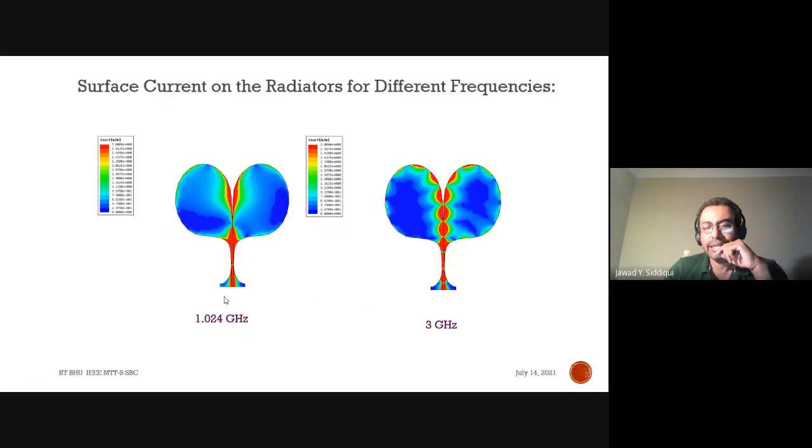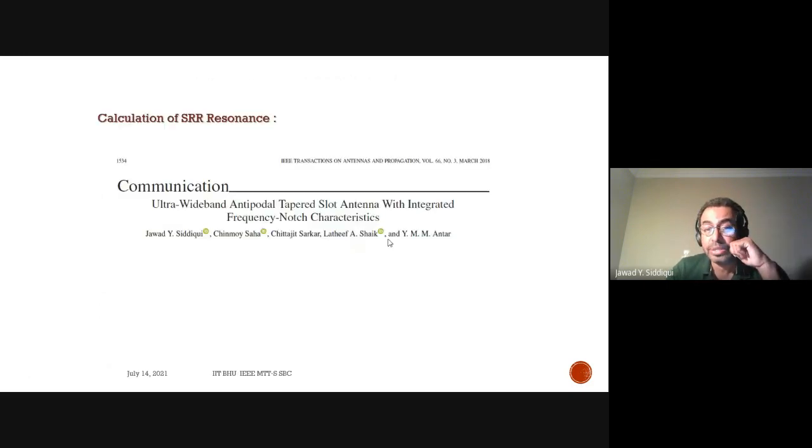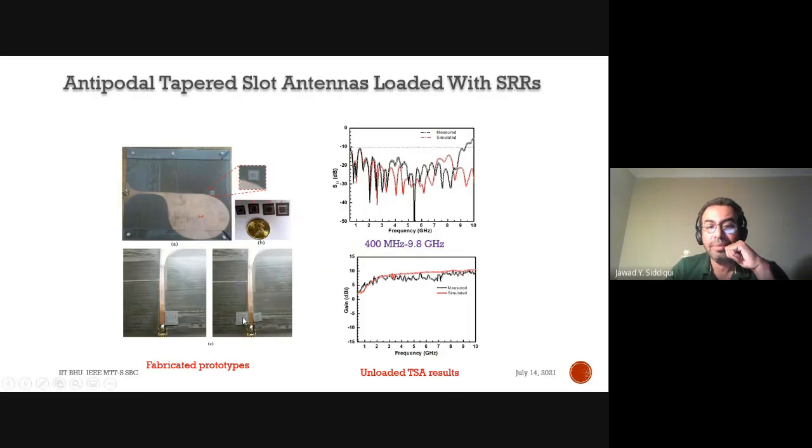If you align the SRR, like you can see here, in very close proximity to this line, the magnetic field which is arising due to the fringing of the fields can excite the SRRs, and that is what we have shown exactly here when we place it in very close proximity. That's why we separately design the SRR, so there's a substrate layer so that the SRR conductor doesn't touch the microstrip line conductor.